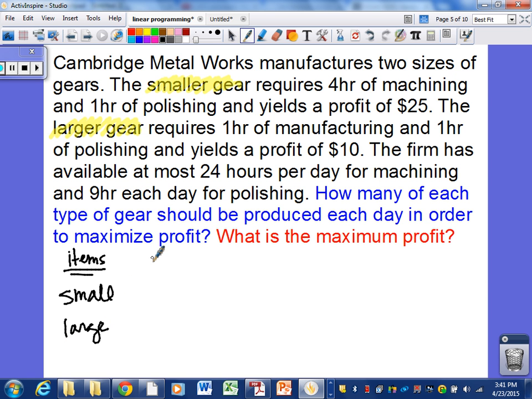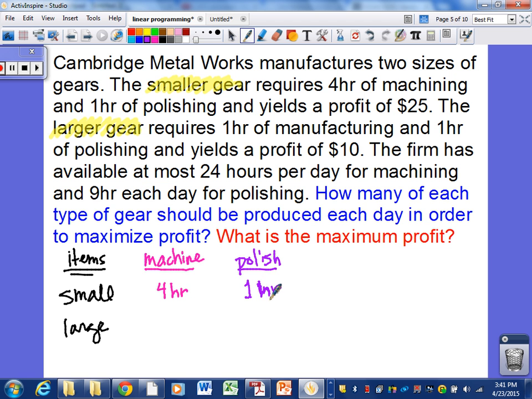Now, what about the small gears? The small gear requires 4 hours of machining, so we have to actually make the gear itself. It takes 4 hours to machine a small gear and 1 hour of polishing. So we have another attribute, polishing, to make it nice and shiny, and it takes 1 hour.